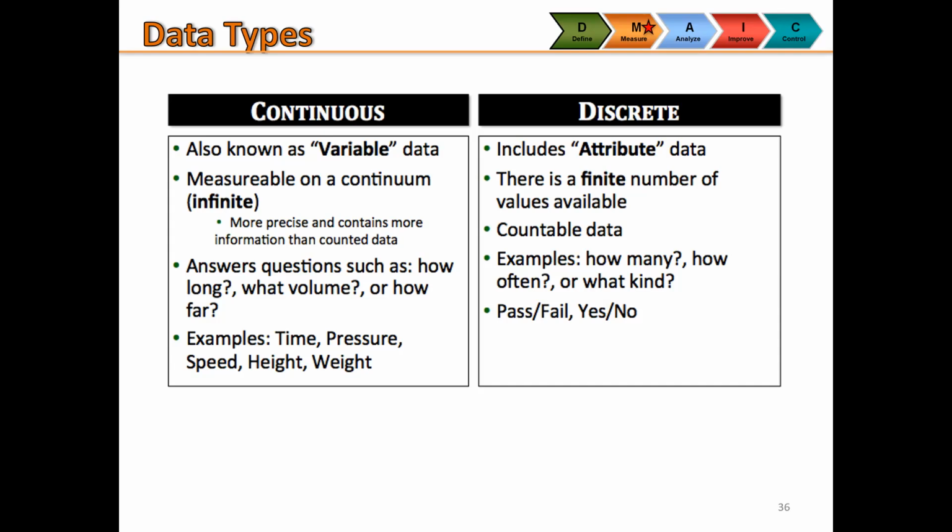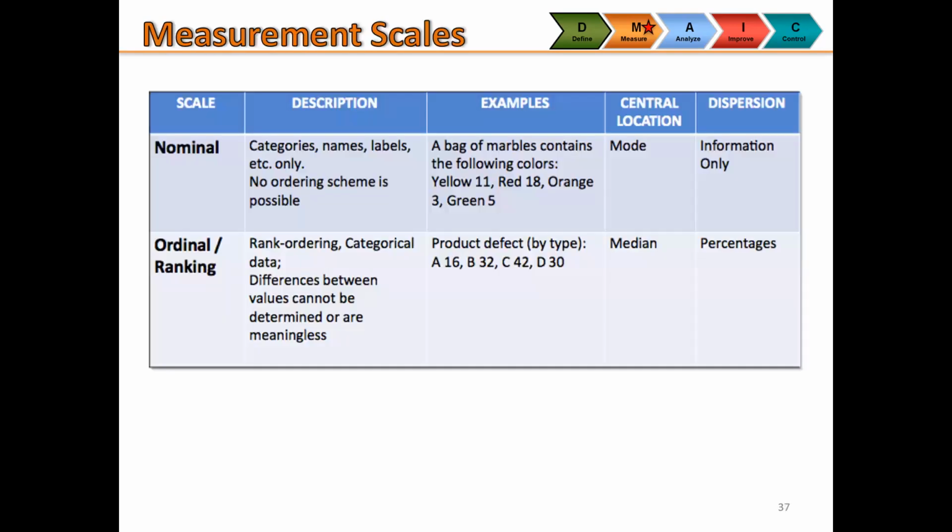Discrete data is things that we count. A lot of what most of us are using is continuous data. We're measuring something. Discrete data are things that we count, like pass, fail, yes, no, votes, polls, things like that.